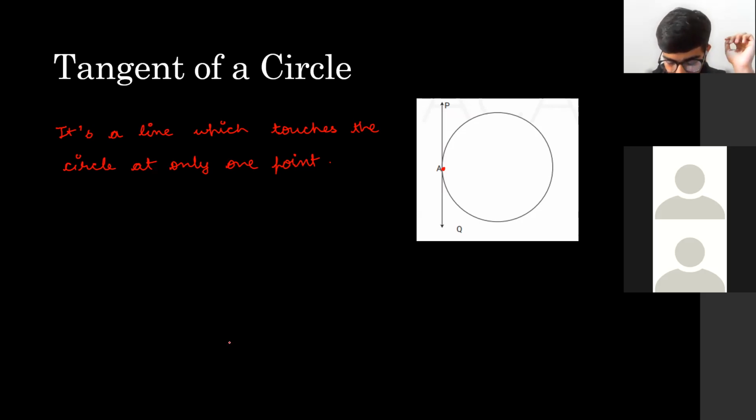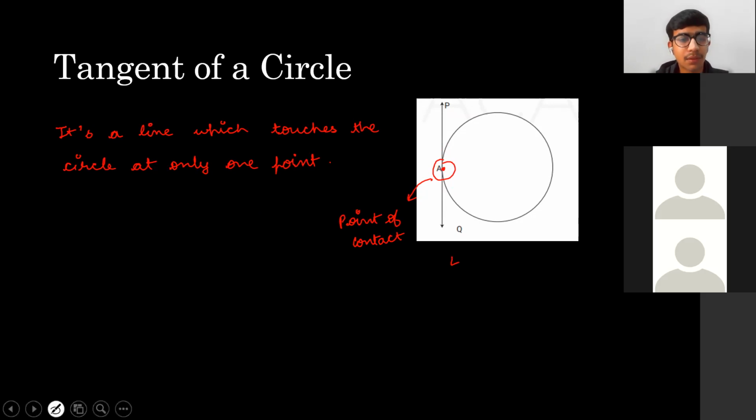Okay. Next up, what is this point A called? Since the line and the circle are touching at only one point, this particular point A is known as the point of contact.